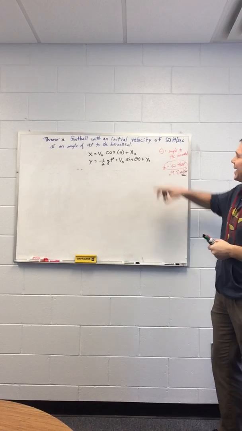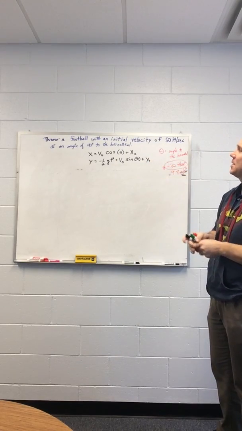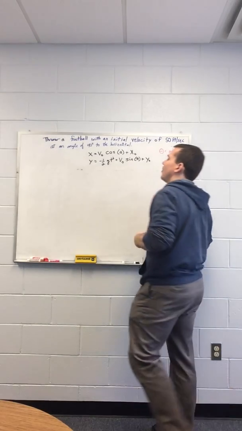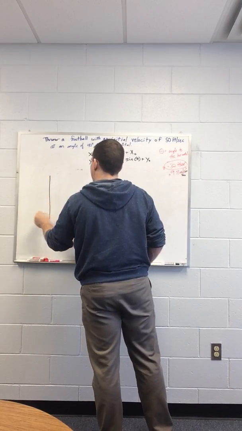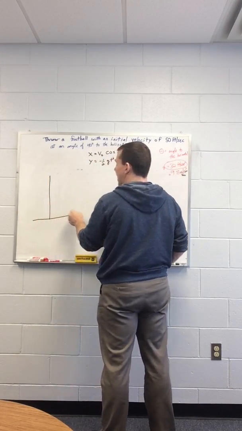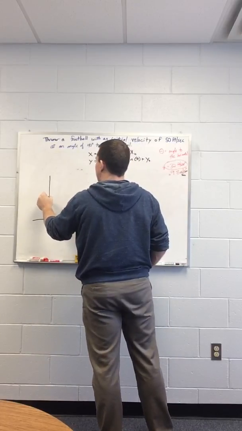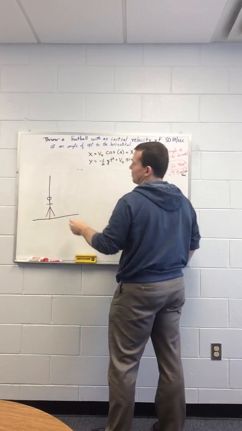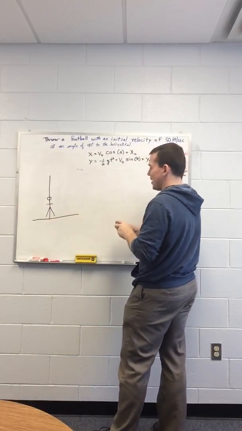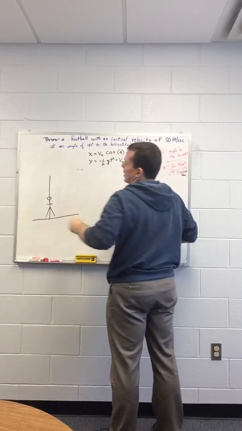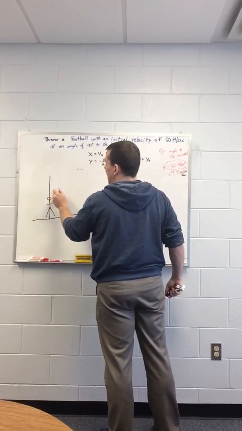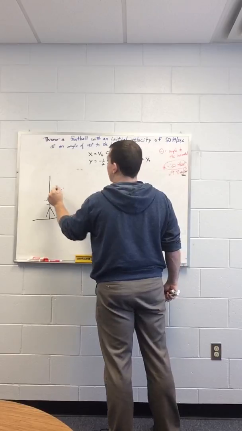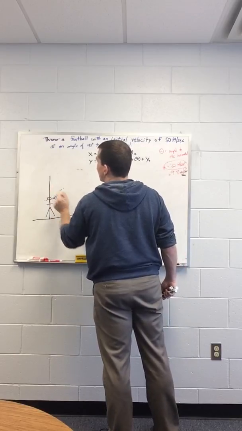But in order to do it, I actually need an x sub 0 and a y sub 0. So I'm going to draw a graph, and set it up so that I'm standing right here when I throw the ball. That's my really bad picture of me standing there. So I'm right on the axis. When I throw the ball, I throw it at an angle from the horizontal of 40 degrees.